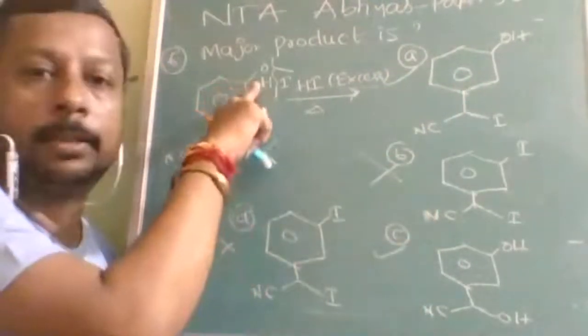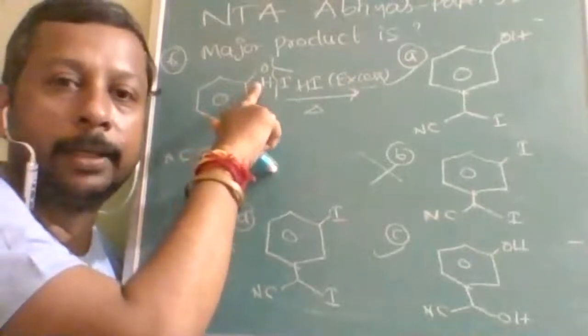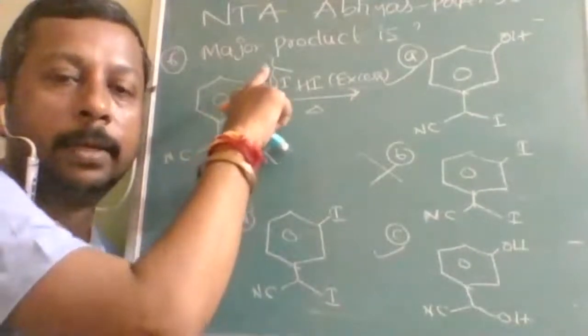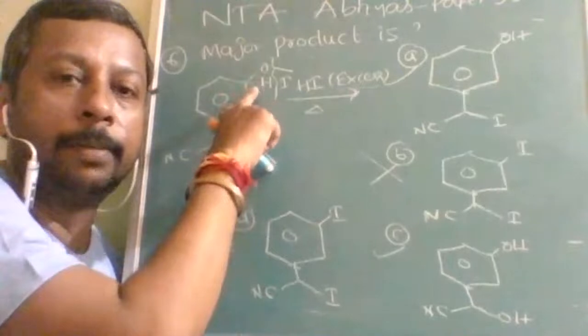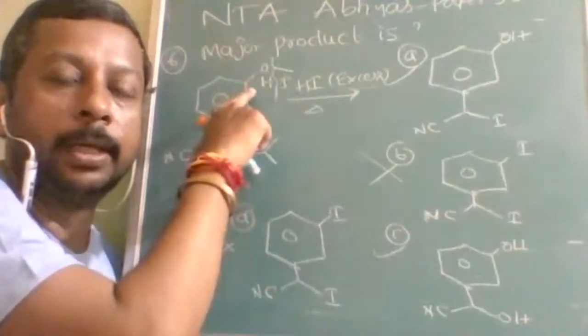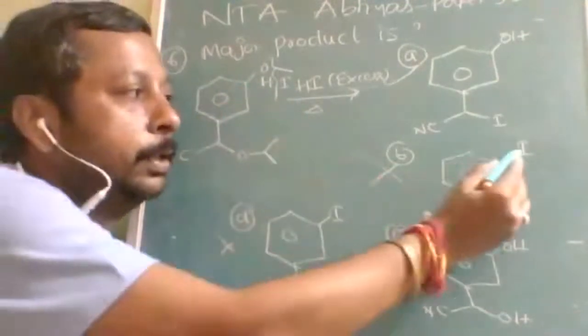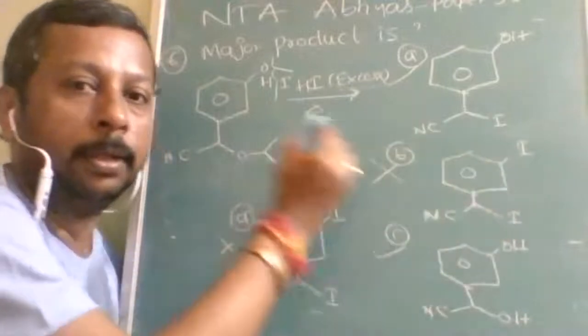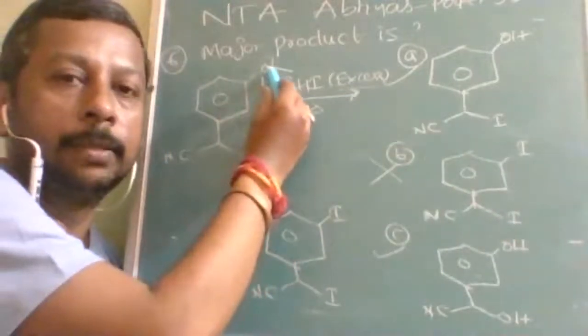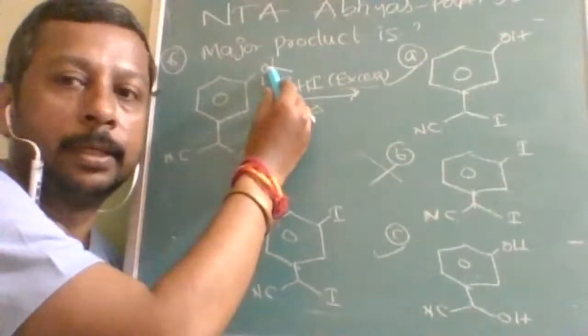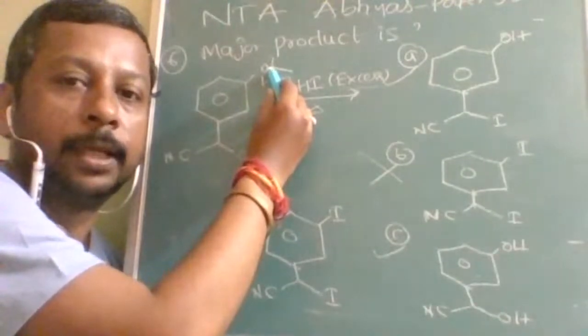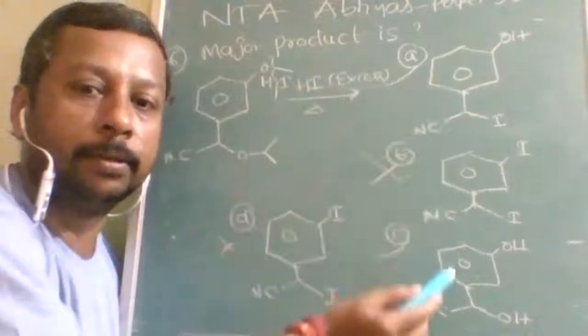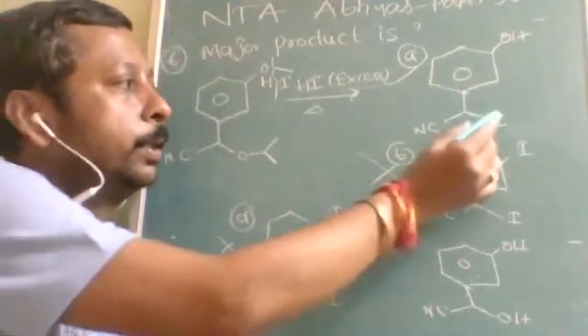There can't be this because of the PDC, partial double bond character. The carbon and oxygen bond can never break, so iodine can never approach. Is it understood? Between the carbon and oxygen, partial double bond character is there, which is very difficult to eliminate. Hence phenol.